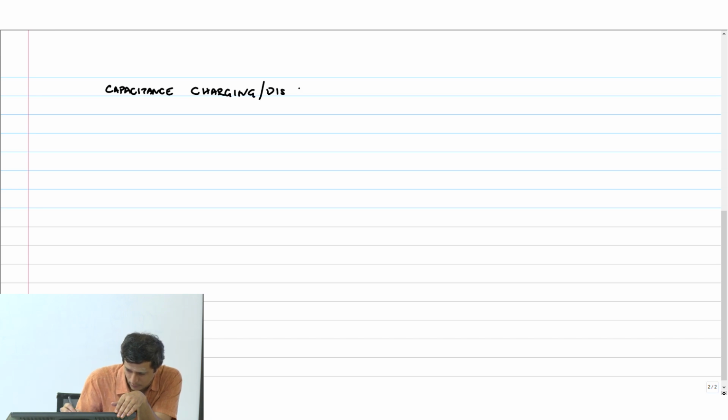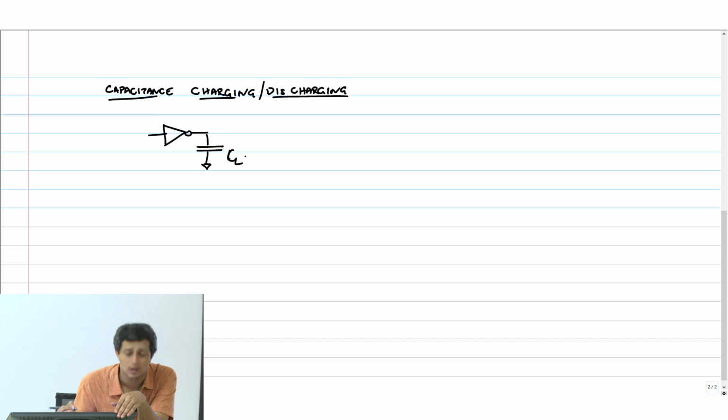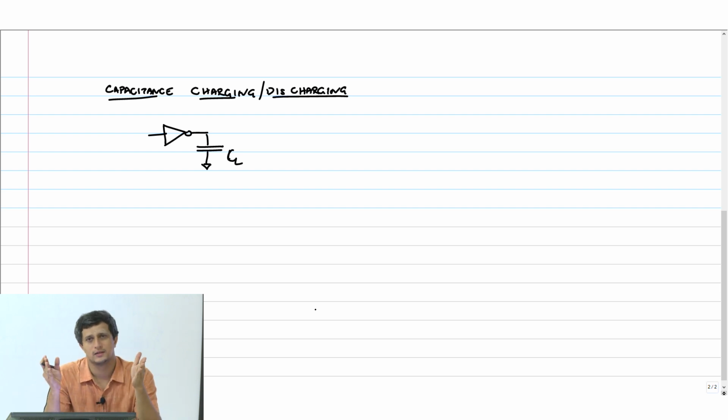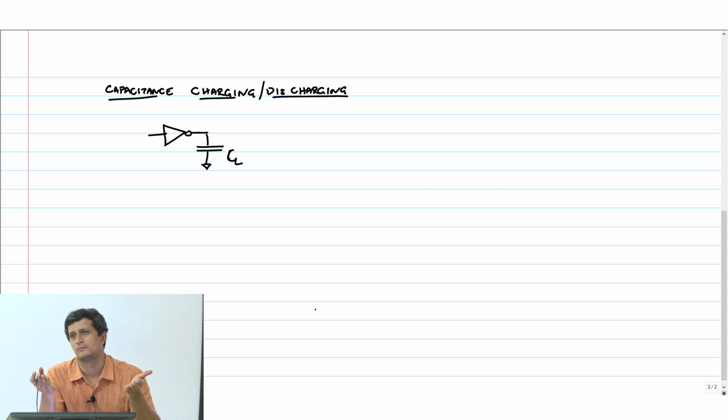So if I have a logic inverter driving a load capacitance, right? This inverter is going to either charge this capacitor or discharge this capacitor, and the delay of the gate is determined by how fast this action can happen.